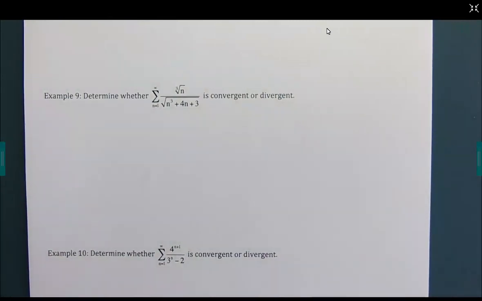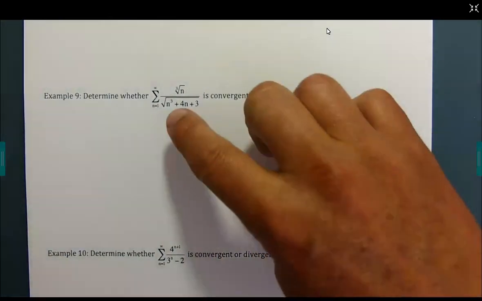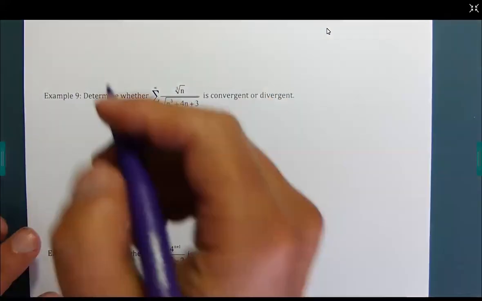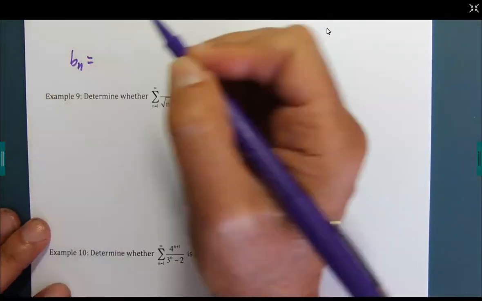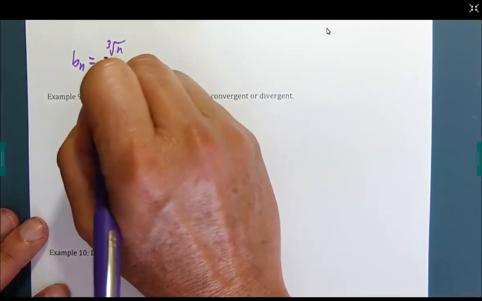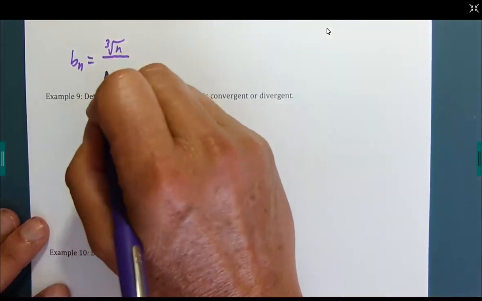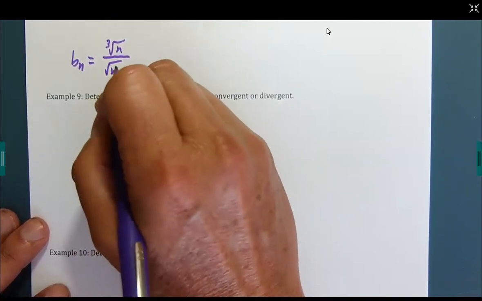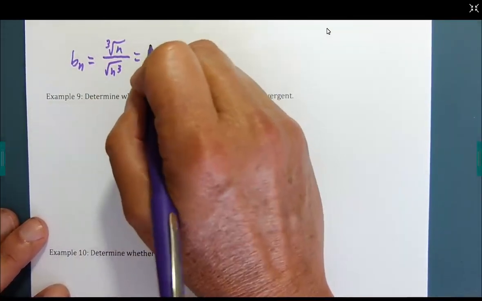All right, so I'm going to compare it to, once again, I'm going to truncate it. Compared to b sub n is going to be cubed root of n over the square root of n to the 3rd. Let's rewrite that a little.